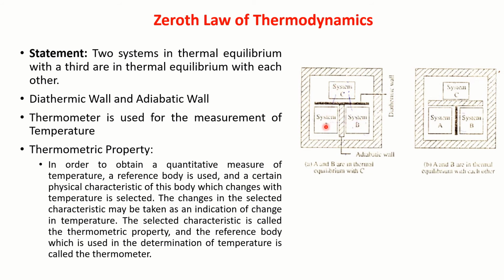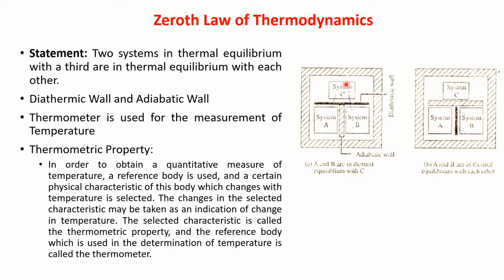So these two are in thermal equilibrium, these two are in thermal equilibrium. If I take out this adiabatic wall and bring in a diathermic wall, definitely there is no exchange of heat. They have already attained thermal equilibrium. That's why we say two systems in thermal equilibrium with a third are in thermal equilibrium with each other.